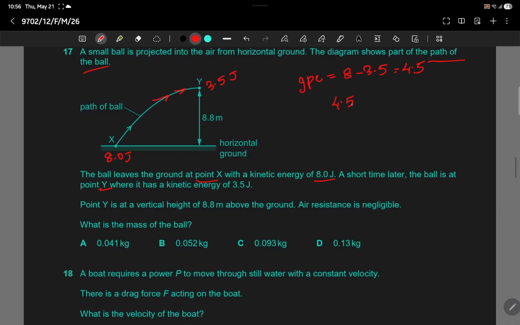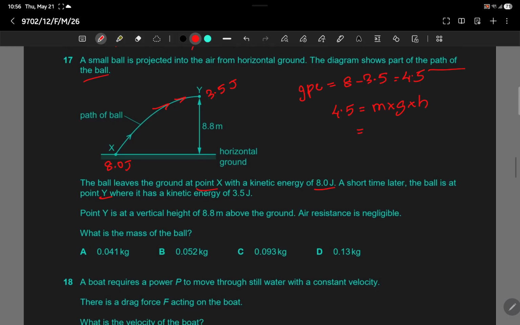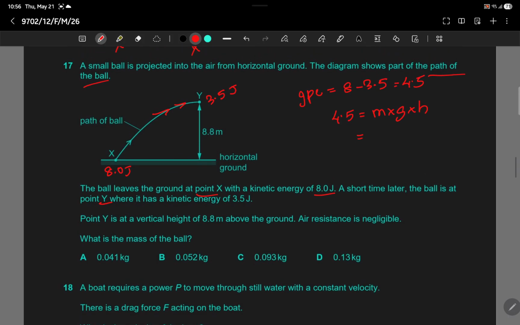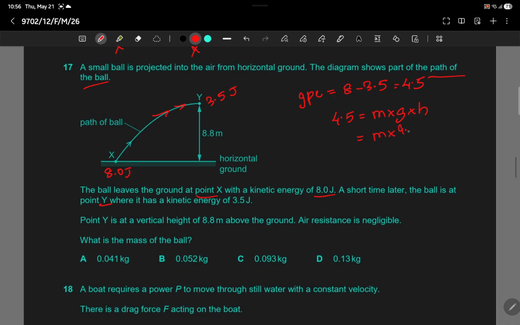Since GPE equals m g h, we calculate the mass. g is 9.81, and the height is given as 8.8. We get the mass as 0.052 kg. Hence the answer is B.